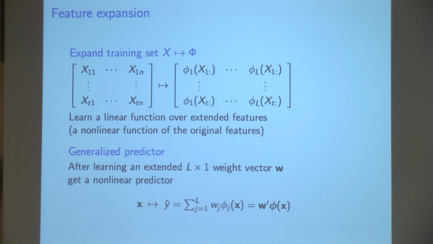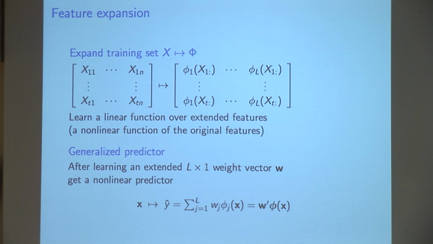So mechanically, it doesn't change anything. If I have my data and then just have some pre-processing step that takes each row vector, I'm going to assume by convention that the input examples are row vectors in a matrix X. So the pre-processing step is I take a row vector and apply the first feature function to the full row, then the second feature function, and so on.